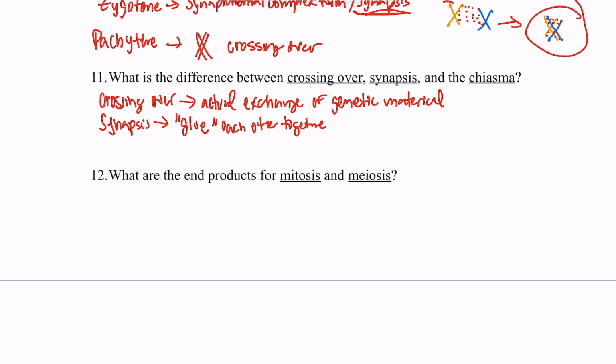And chiasma is the actual physical site where chromosomes cross over. Physical site where chromosomes exchange material.